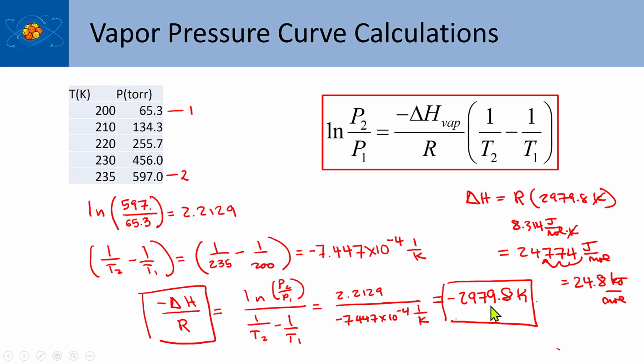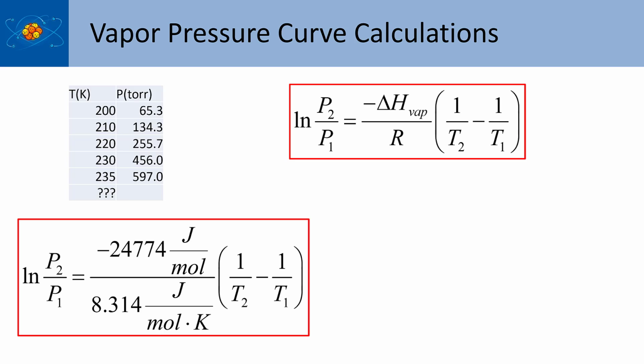Okay, so this was all justifying the kilojoules per mole. Now what we need to do is calculate the normal boiling point of ammonia using this same equation. Well, this is kind of what we know at this point, right?